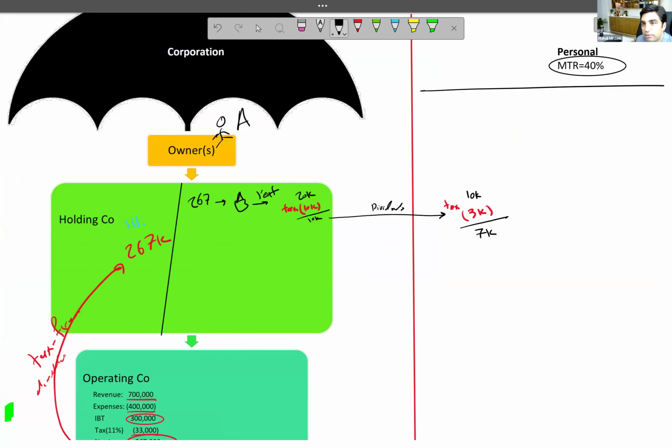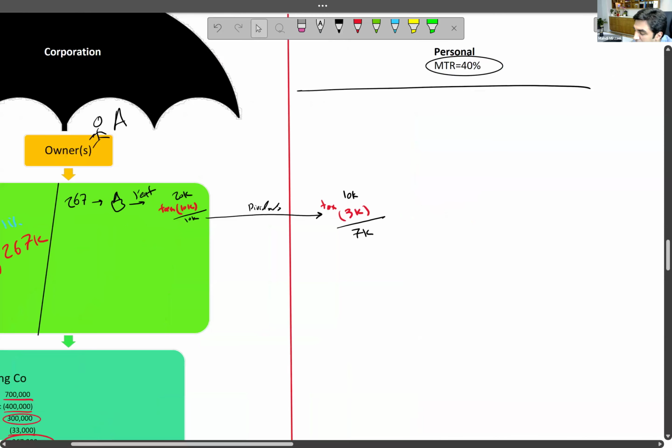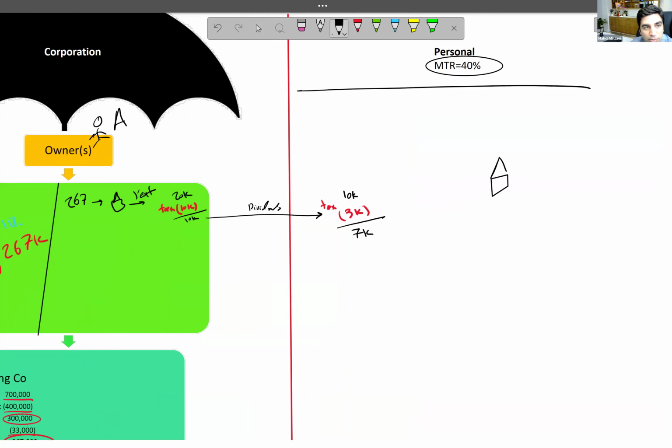Is it clear? Now, let's say that he has this property, rental property, on his personal side from day one. So how much income he made? $20,000. How much tax he has to pay? 40% of that. So $8,000 goes for taxes.